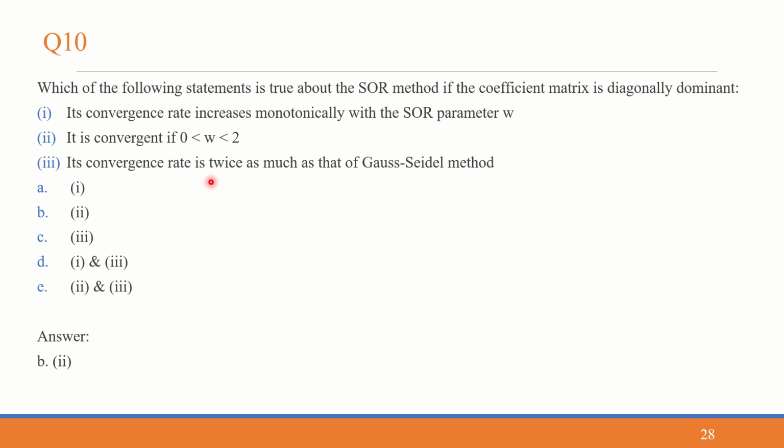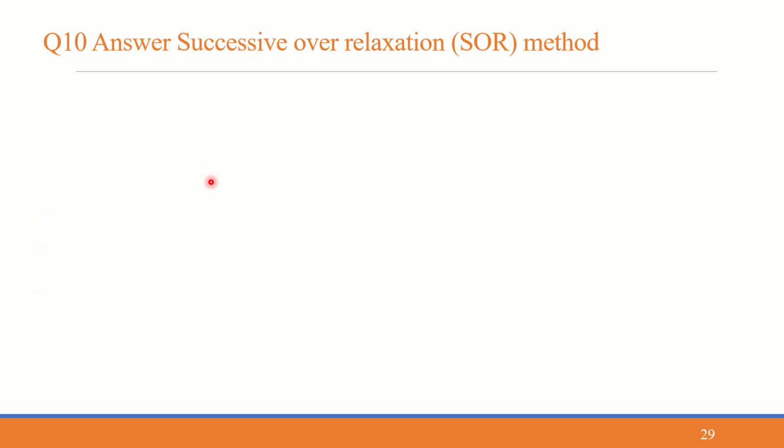When it is between 0 and 2, it is convergent, and its convergence rate is actually not twice that of Gauss-Seidel. We need to find the optimal parameter of omega for its convergence rate to be more than the Gauss-Seidel method. So for successive over relaxation, that is the SOR method, as long as omega is between 0 and 2, convergence is assured. That is true.